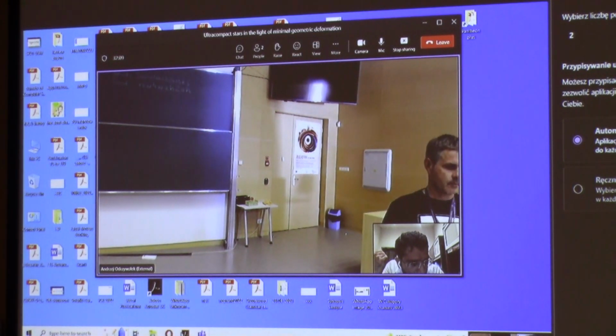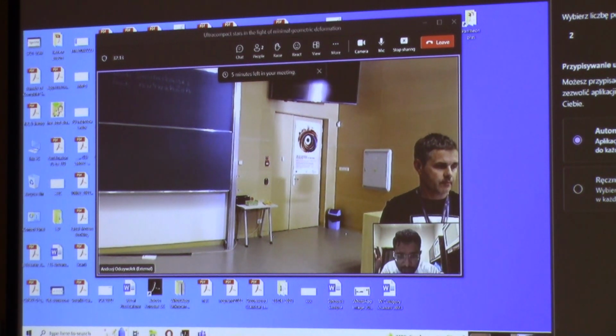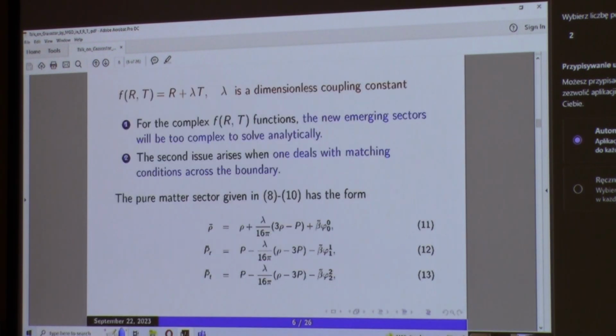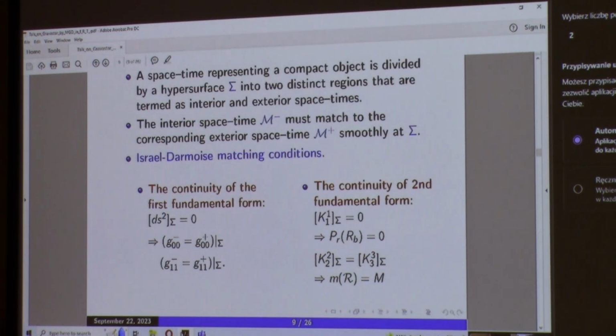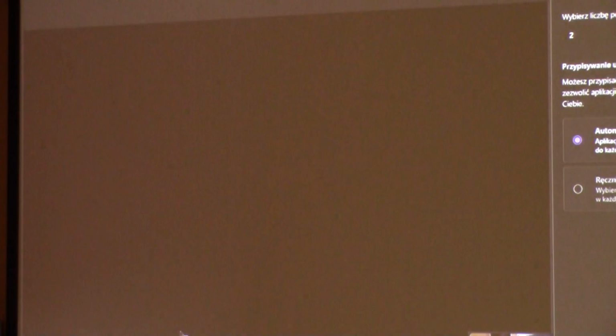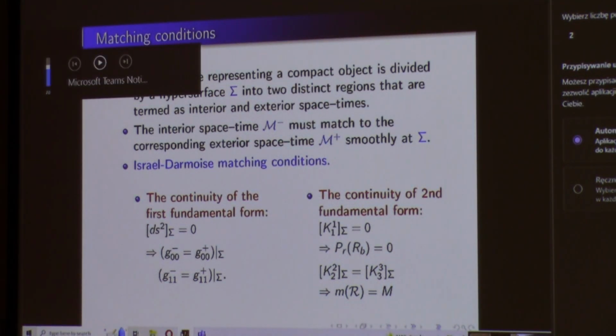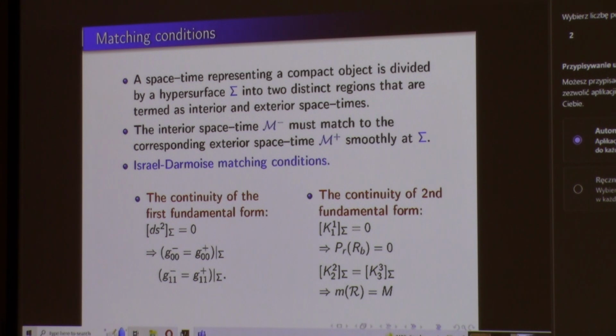But at some point, I think it was slide number 9, when you introduced the matching conditions, you mentioned that one of the requirements is the continuity of the first fundamental form, and that's basically the jump of the induced metric being 0, as you have written there.